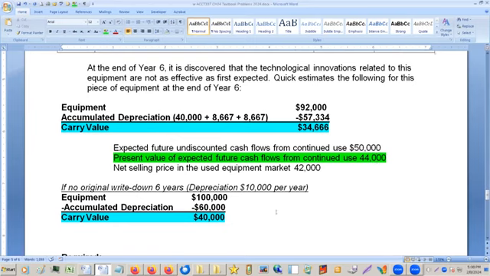And the market of equipment is 42,000. So the higher of those two, this one's higher.